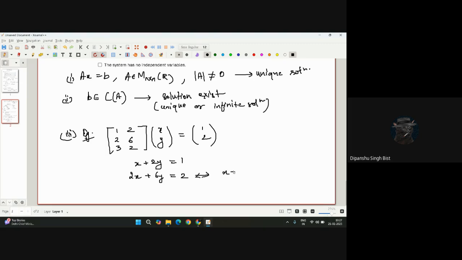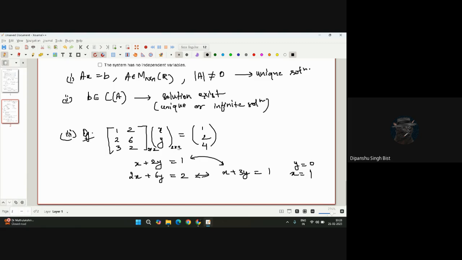So this will give me x plus 3y equal to 1. Now we need to solve for these two equations. So this gives me y equal to 0 and x equal to 1. Now if I try to substitute, let's put 4 over here, 1 to 4, because it's a 3 cross 2 matrix and it's a 2 cross 2 matrix.